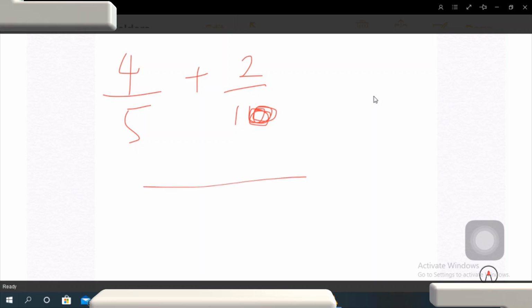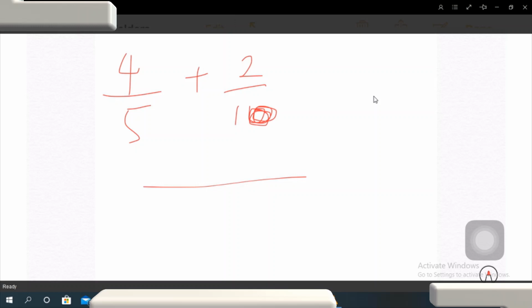Okay. Let's take another example. So 4 over 5 plus 2 over 10. So this is very, very easy to spot. You don't need to use the rule 2i.